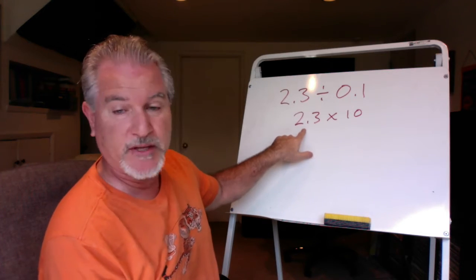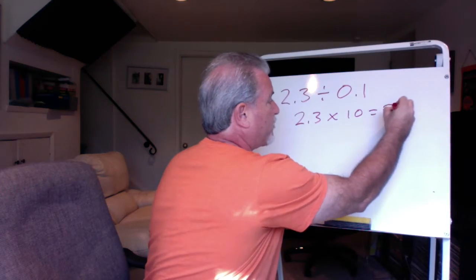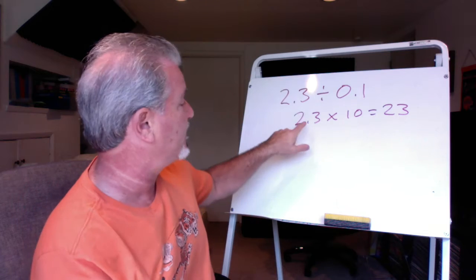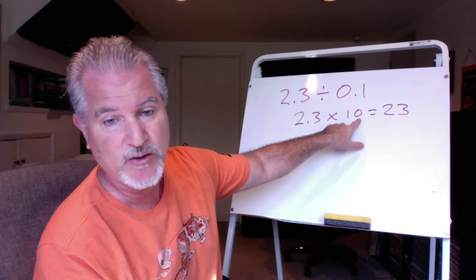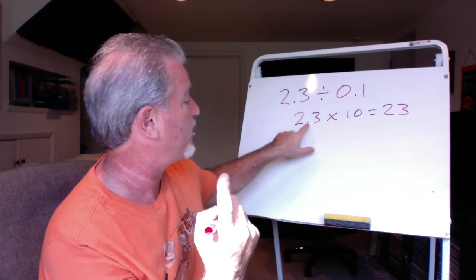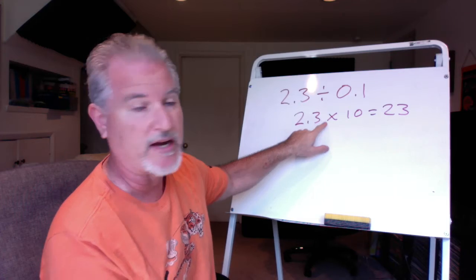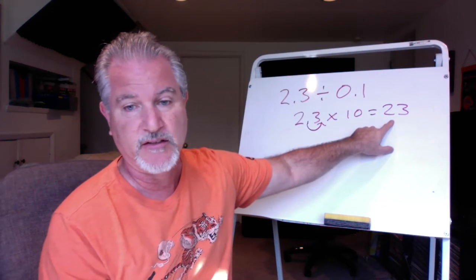And so we're simply multiplying 2.3 times 10, which is going to be 23. An easy trick to doing this is taking the decimal point, and since 10 only has 1 zero in it, that's a good hint to remember we're taking the decimal point and we're making it one spot to the right. That gives us our answer of 23.